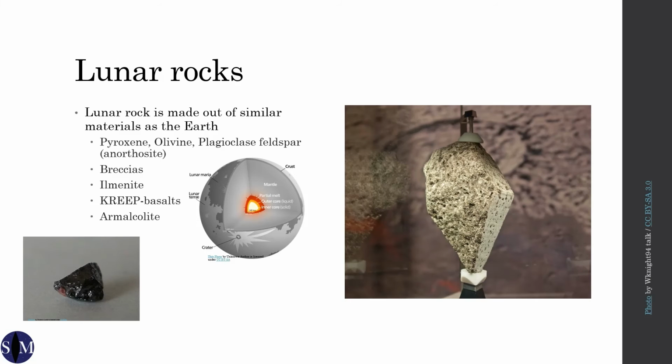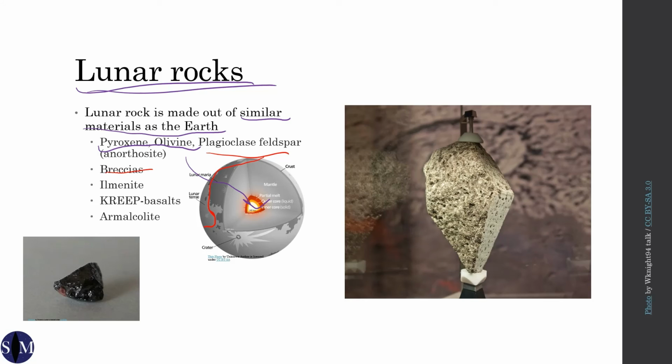Let's go a little more in depth and talk about lunar space rocks. Lunar rocks are made out of similar materials as on Earth. As we saw on the diagram in the previous slide, pyroxene and olivine are mainly seen in the moon's mantle, whereas plagioclase feldspar, also known as anorthosite, is seen mainly in the moon's crust on the lunar highlands.